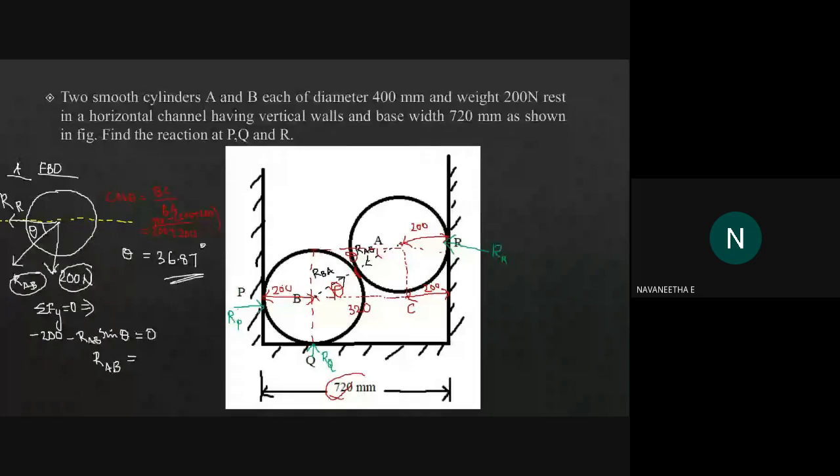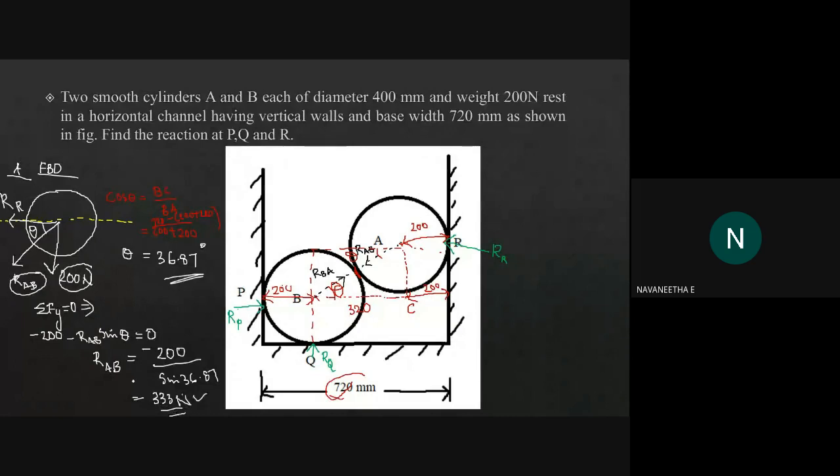While considering the cylinder, RAB is acting in the opposite direction, and we need to consider it in the opposite direction. That's why we get a negative sign here. So the value is 200 divided by sin 36.87, which is about 333.3 Newton. Consider 333.3 Newton for RAB.